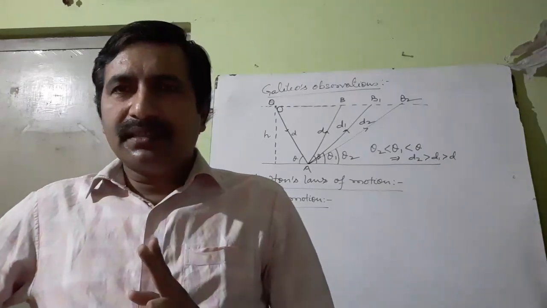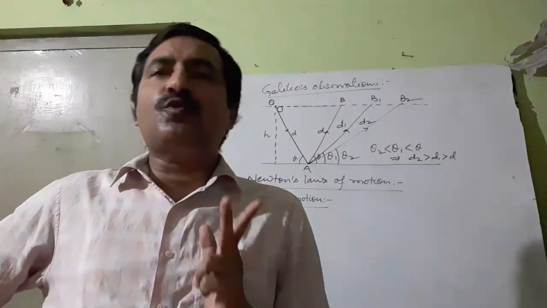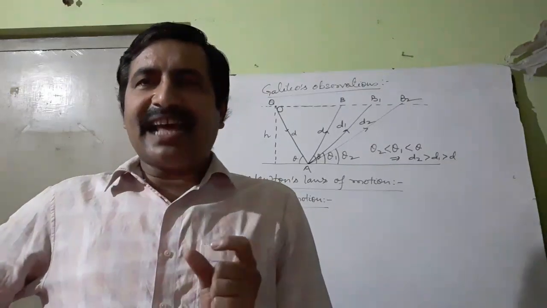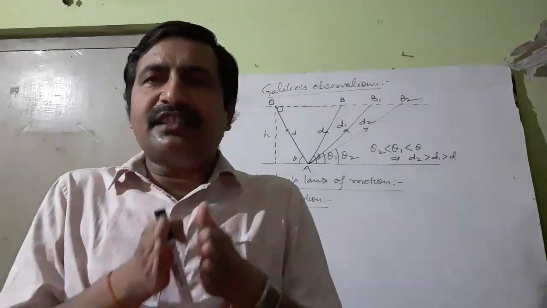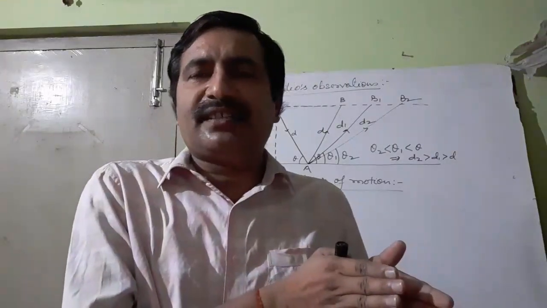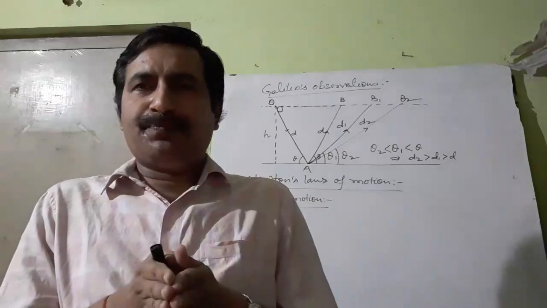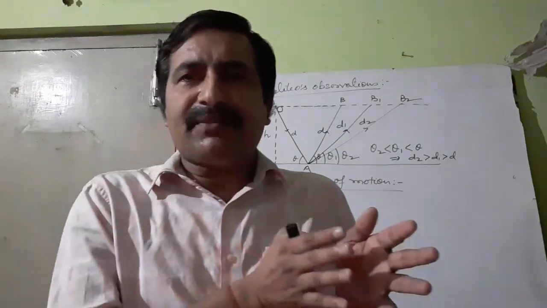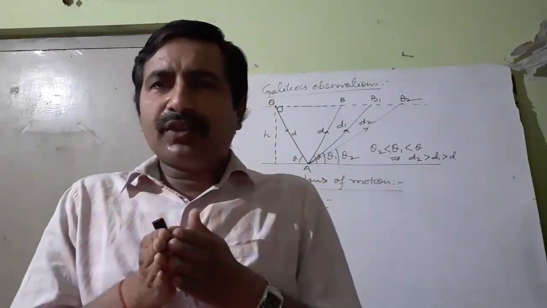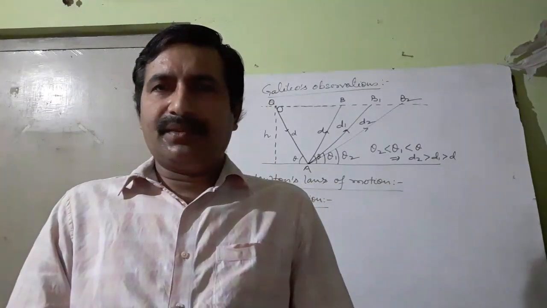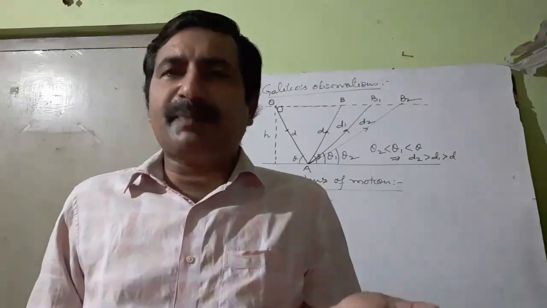Have you got it? The first law of motion has 2 parts. The first part is that every body continues its present state of rest or of uniform motion. This shows a continuous behavior of a body, meaning a body continues its present state.